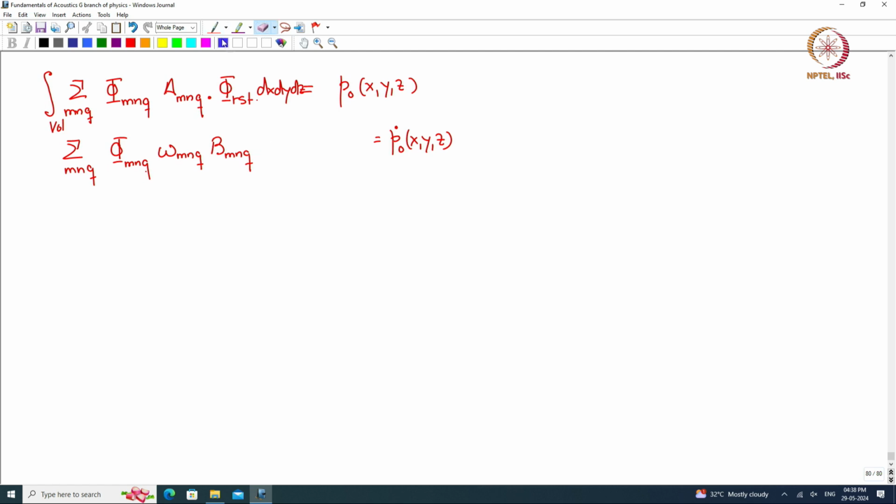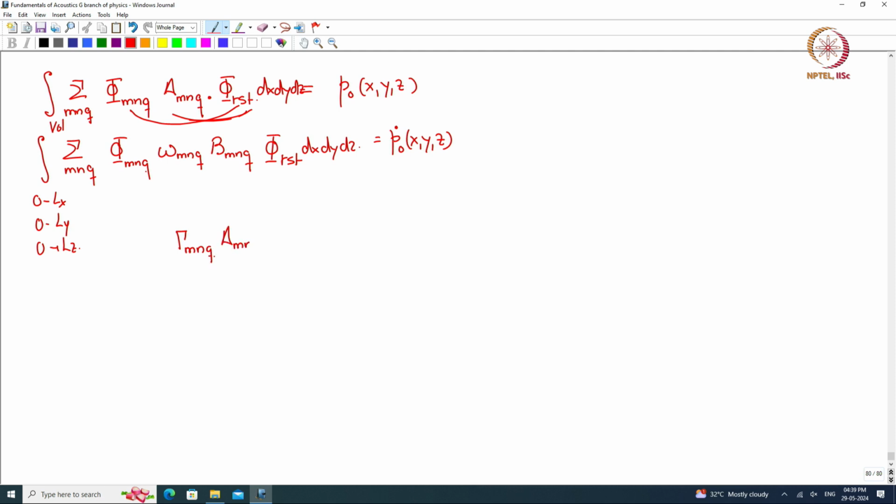Similarly here also I multiply by phi_rst dx dy dz and integrate over the volume, the volume being 0 to Lx, 0 to Ly, 0 to Lz, a triple integral. Now provided the m index matches r, n matches s and q matches t, there is a non-zero value. So then I get the integral equal to gamma_mnq A_mnq.